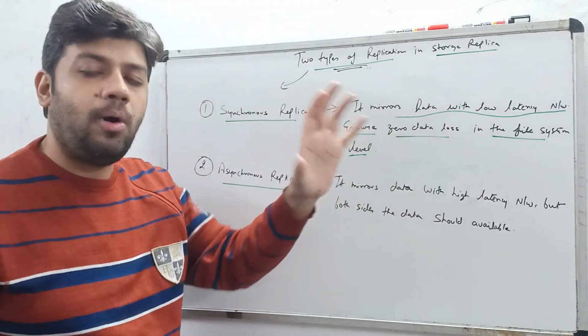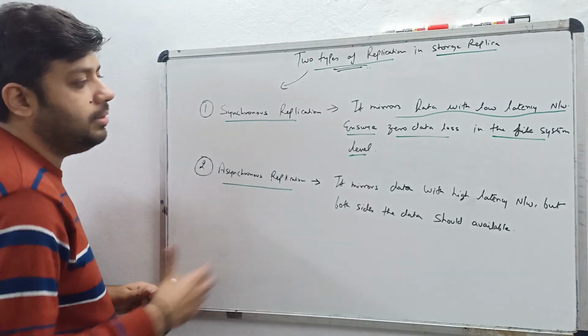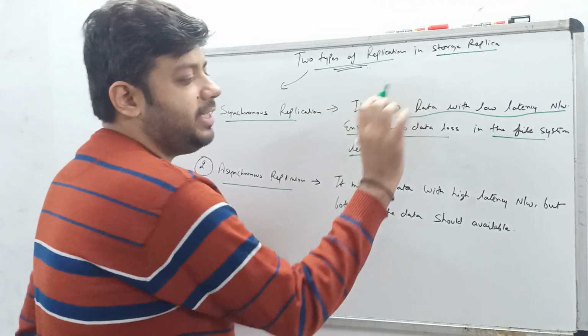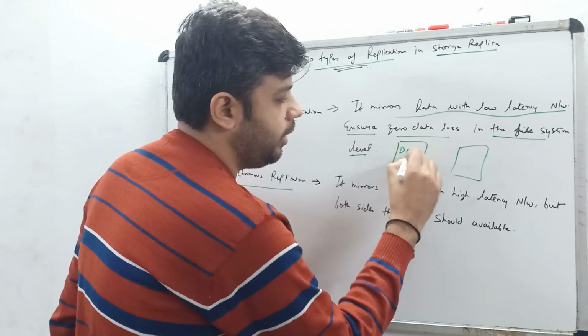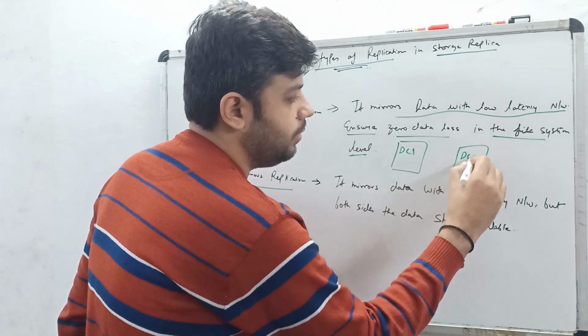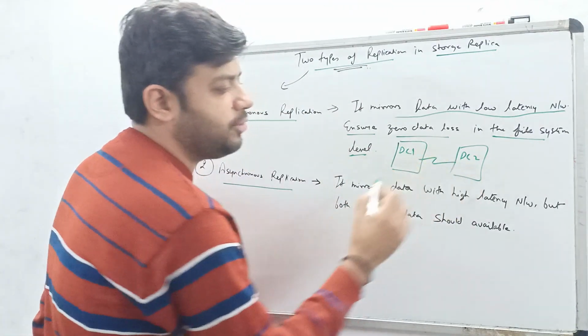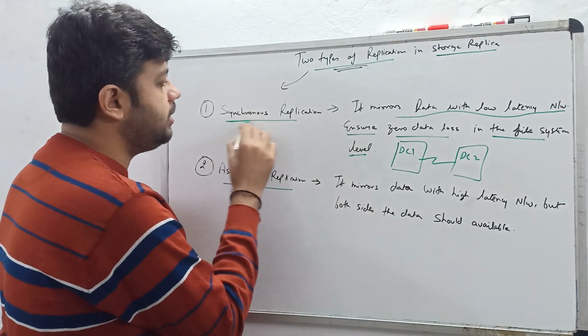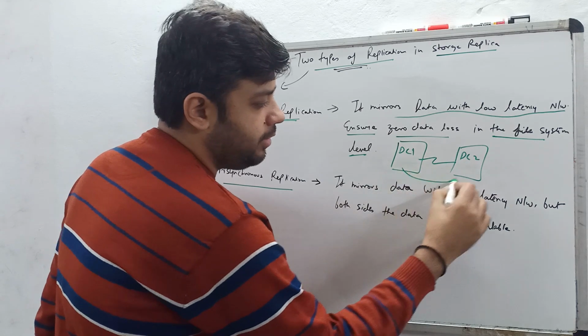It mirrors all your drives' data and everything. Now, where does it mirror? Imagine we have two data centers, data center 1, DC1, and data center 2. If the network is fast, we can use synchronous replication and it replicates the data from data center 1 to data center 2.